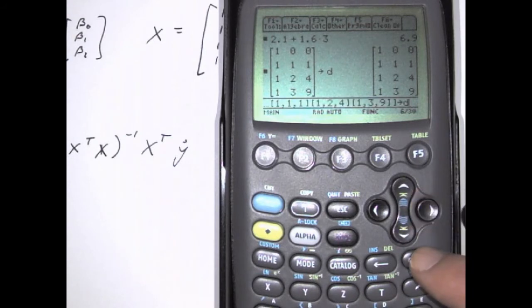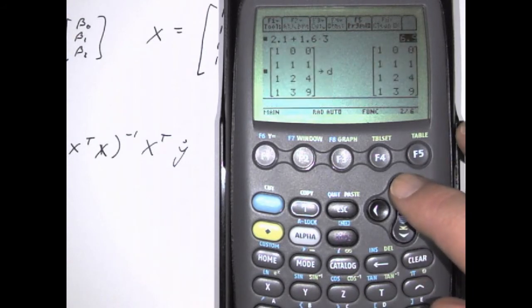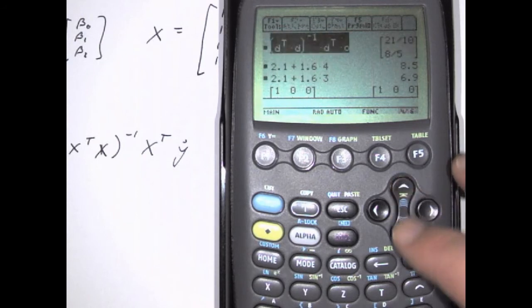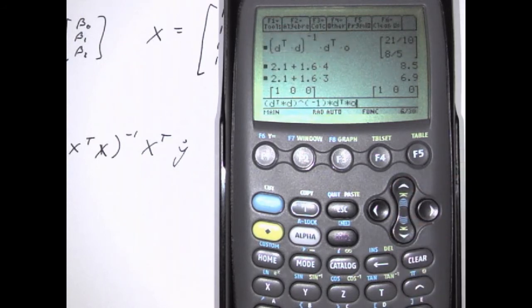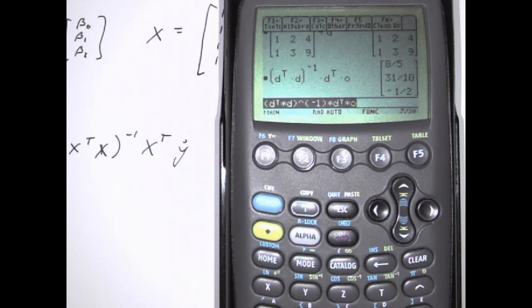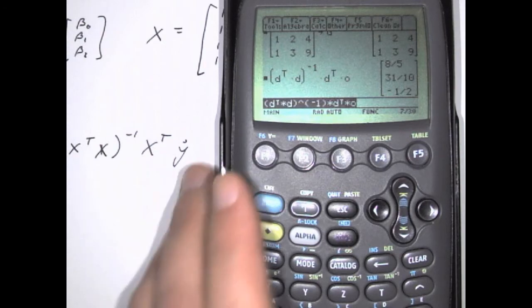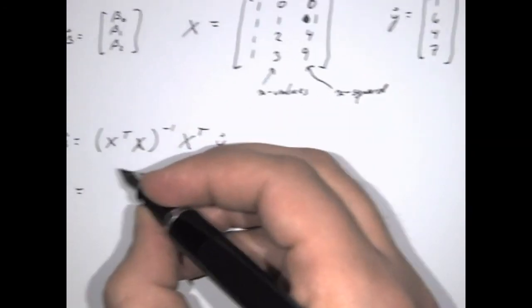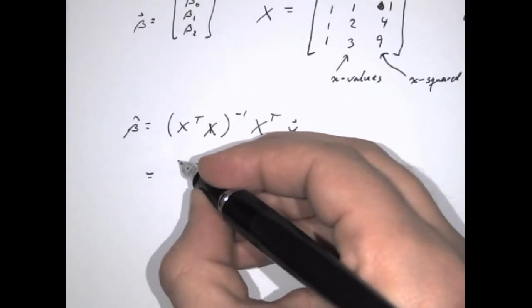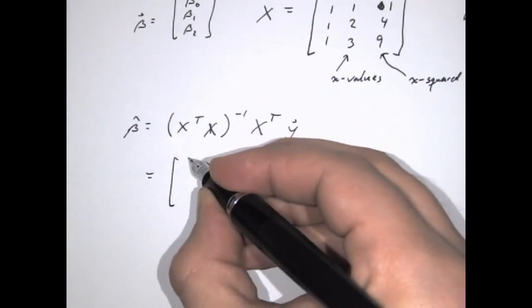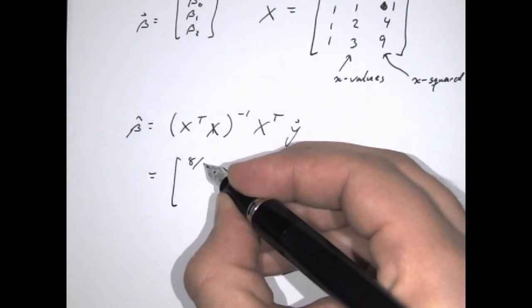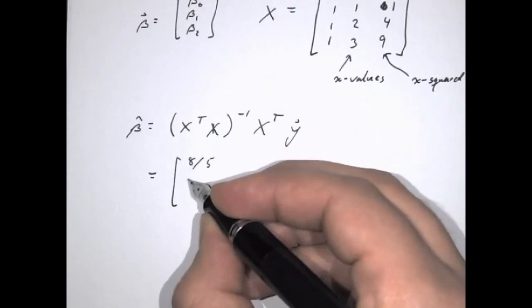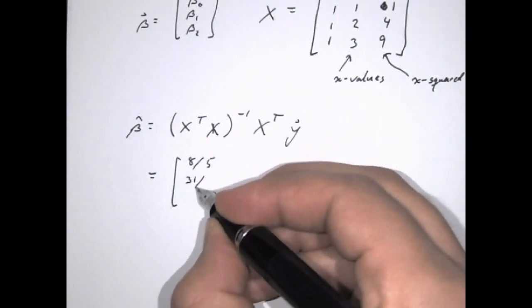Alright, now what I'm calculating is no different from what I calculated before as far as the letters, so I'll just go up to it, select it, and I should now get my new answer, which is going to be 8/5, 31/10, and -1/2. So now there are three entries because there were 3 parameters that needed to be filled in to specify a quadratic.